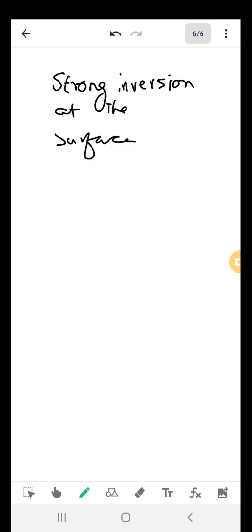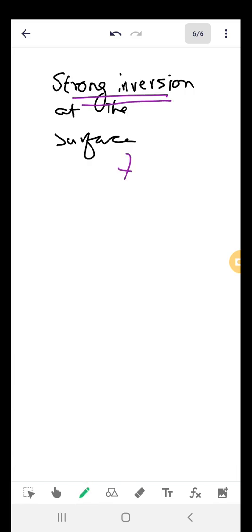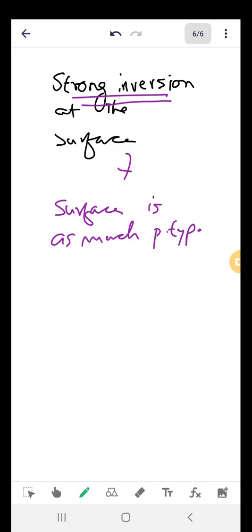So a strong inversion means the surface is as much p-type as the bulk is n-type.